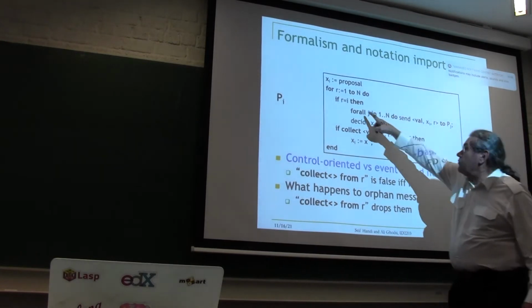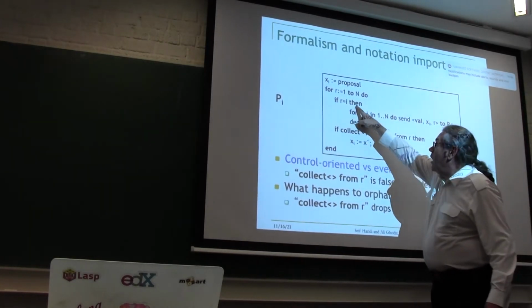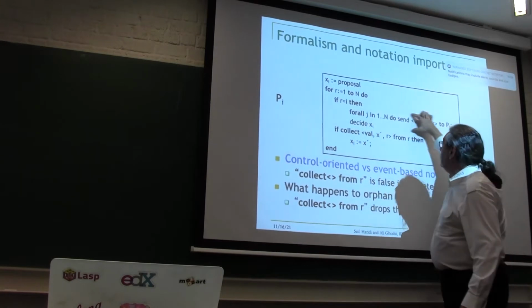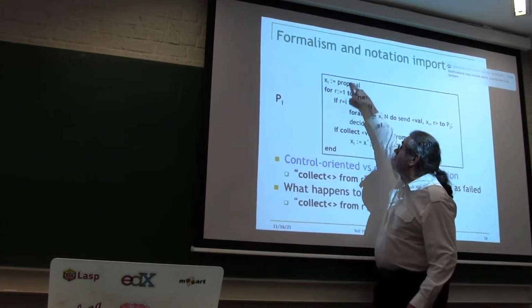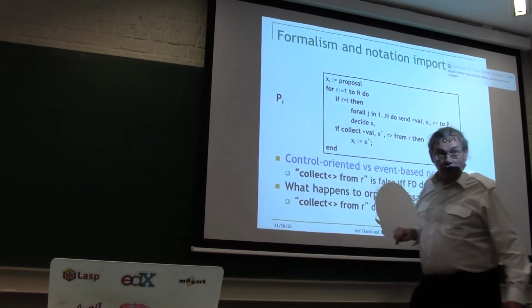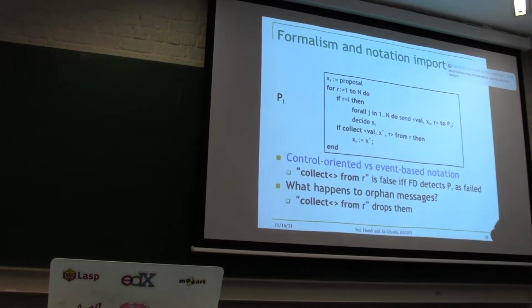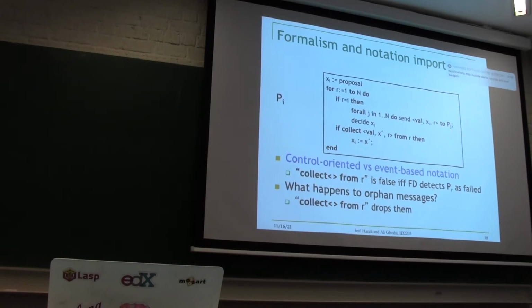Notice, of course, there's a difference between R equal I, so this is done only for the leader, and the collect, which is done on all nodes. So this code runs on all nodes. All nodes run the same code.